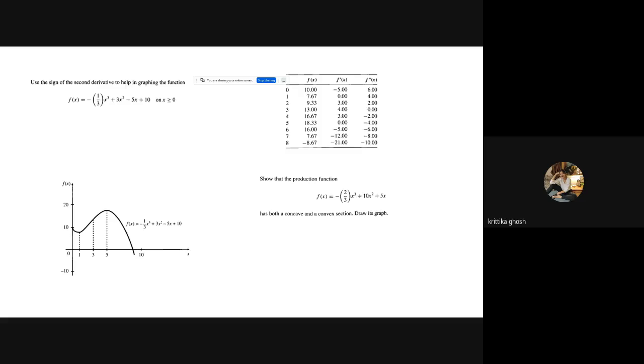F prime is minus 2x squared plus 20x plus 5, and f double prime is minus 4x plus 20.